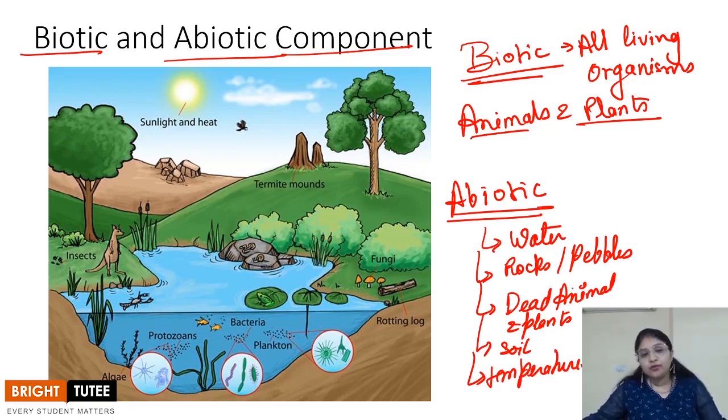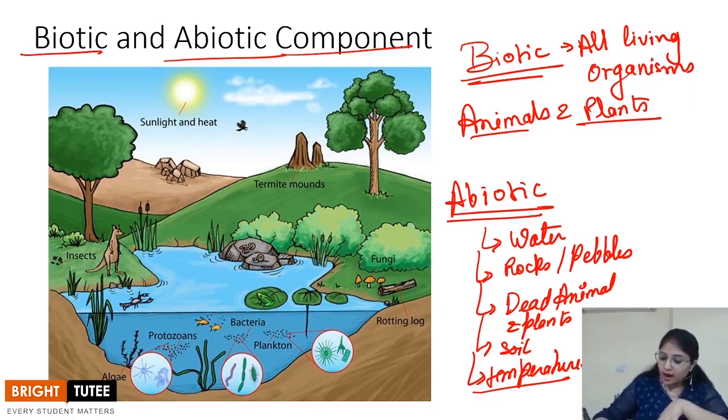These components, as you can see, play a major role in determining what kind of biotic components are present. Suppose we talk about temperature: if the temperature of a certain area is low, that region will have a different habitation of animals and plants from the area which has high temperature. So over here you can see how these abiotic components are helpful in influencing the biotic components that are there.